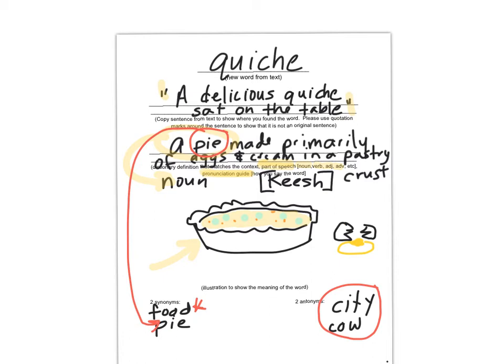So because quiche is a pie, what kind of food is it not? Well, it's not a pizza, even though we often call pizza a pie, a pizza pie. It's not spaghetti, because spaghetti is a kind of food, but it's not a quiche. So we want to keep it in the family of words that it belongs in.